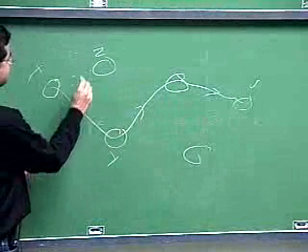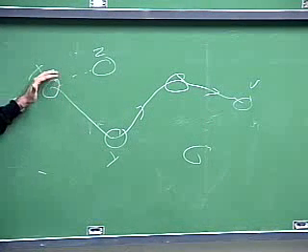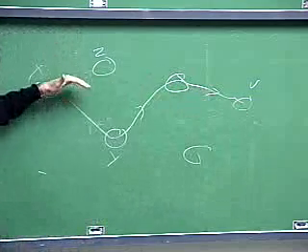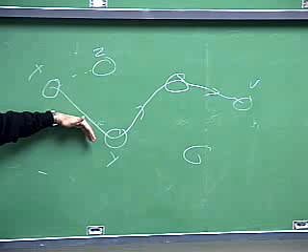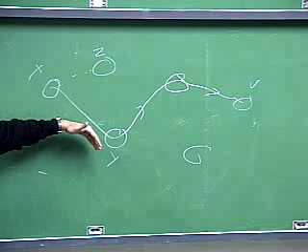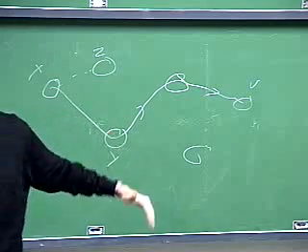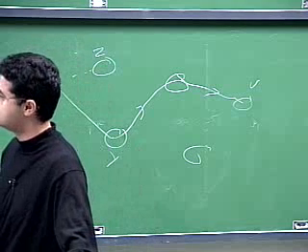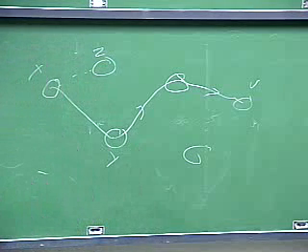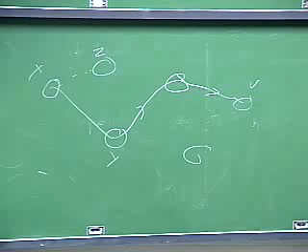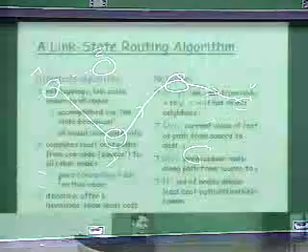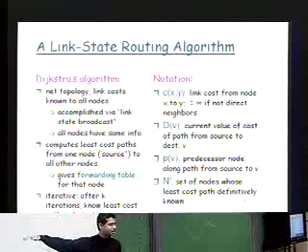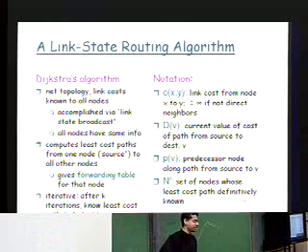Then your forwarding table is going to say that if I'm at X and I want to send a packet to V, then send the packet on this link to Y, and Y becomes a predecessor node on the path. It'll become clear as we see the algorithm work. N prime is the set of nodes whose least cost path is definitively known as the algorithm progresses. Eventually, N prime has to become equal to N, which is the set of all nodes.